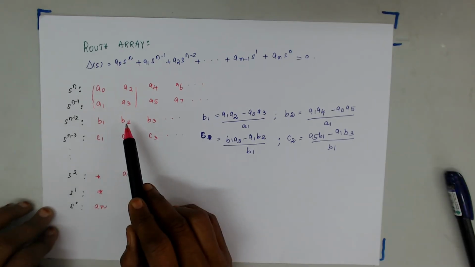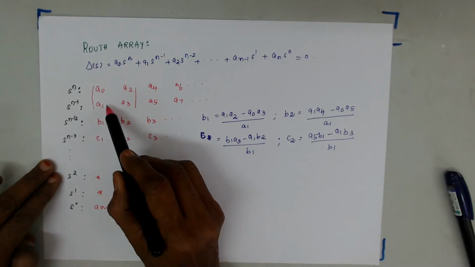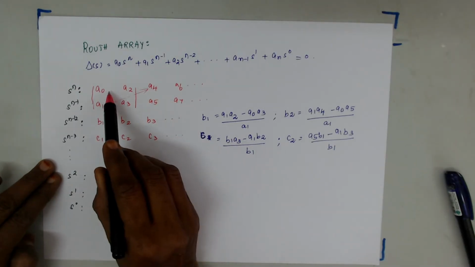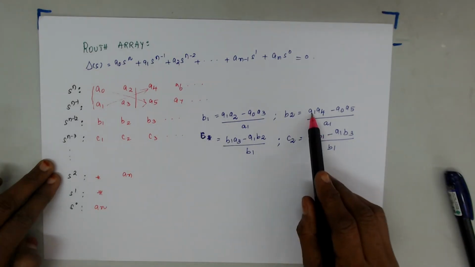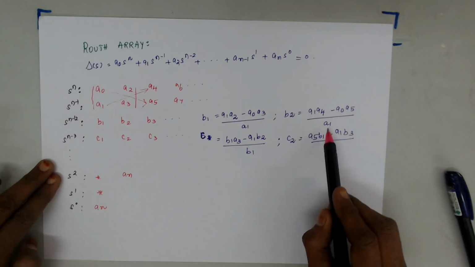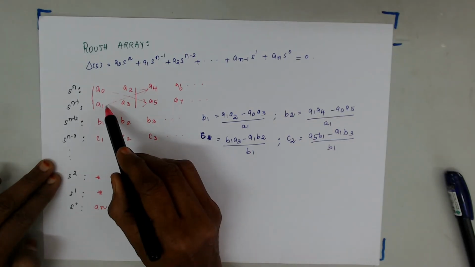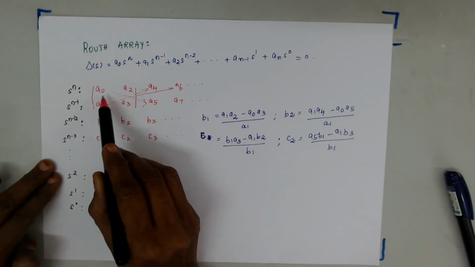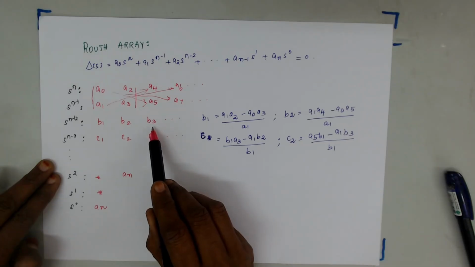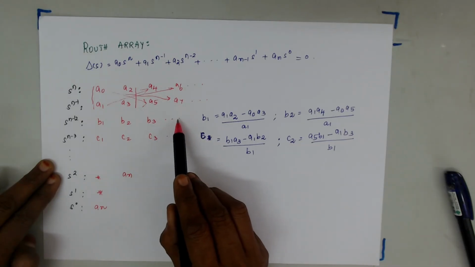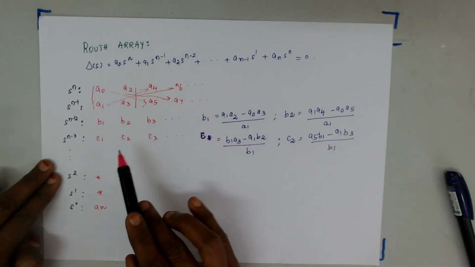That is b1. Similarly, b2 is found as a1 a4 minus a0 a5 divided by a1. If you want to find b3, then you take a1 into a6 minus a0 into a7 divided by a1, to form b3. Likewise, you can go on finding b4, b5 etc., depending upon the coefficients available in the previous two rows.